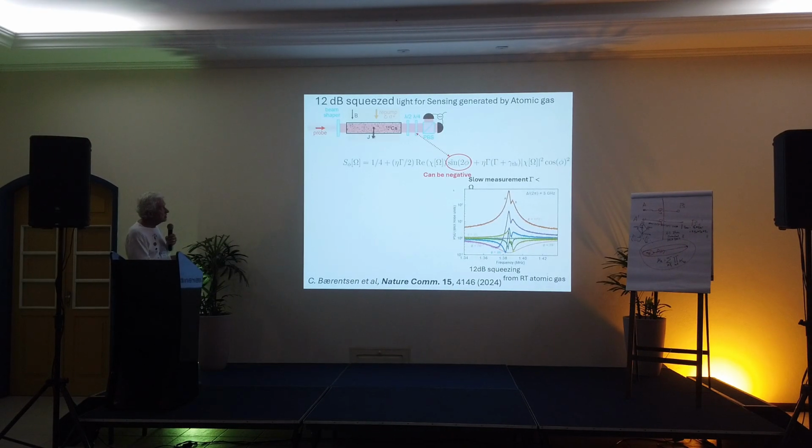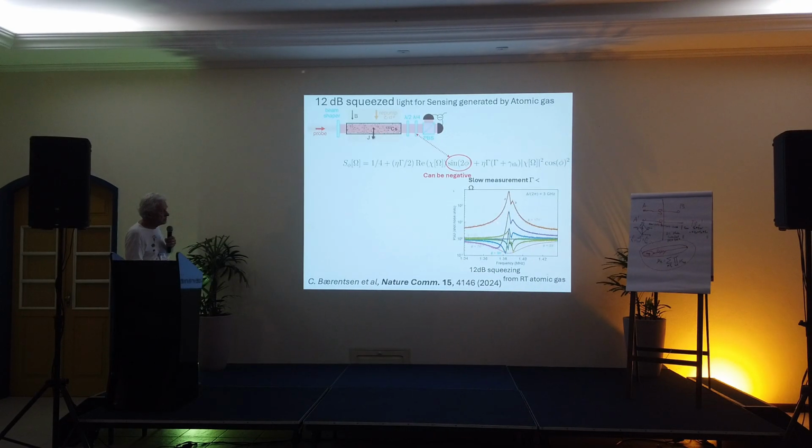If you are looking at the noise of light detected by this common detector at the frequency of the atomic spin precession, depending on the phase that you observe here, that is to say, depending on the setting of this quarter wave plate, you have the following dynamics. If there is no quarter wave plate, then you have all your back action, as you expect.